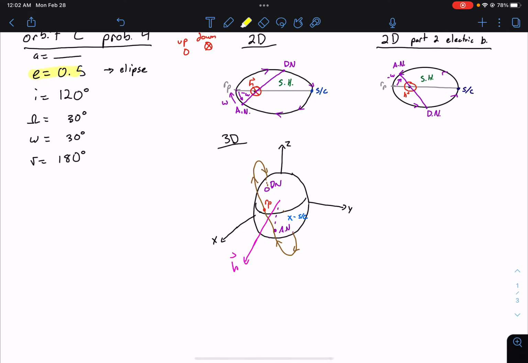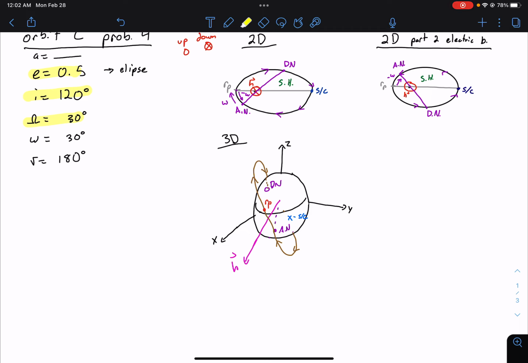So let's go through this again real quick, shall we? We used our eccentricity for the ellipse. Yep. We got our inclination to help us with our angular momentum vector, both in 2D and 3D. We only used our cap omega in our 3D orbit to help us define where our ascending node is.